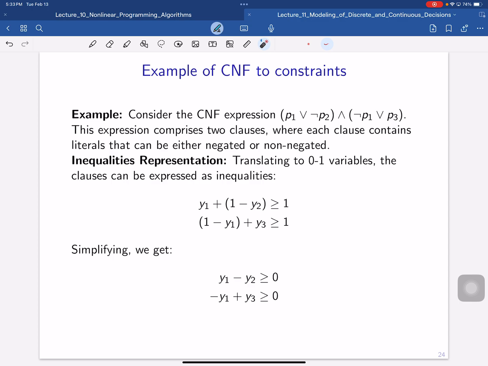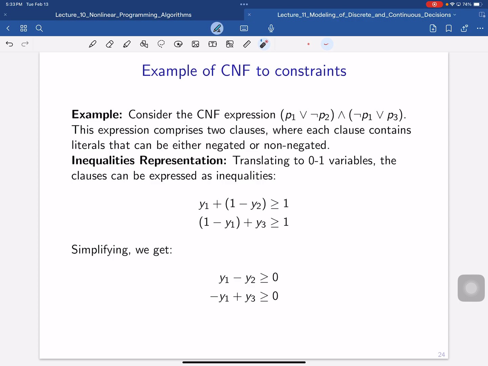So here we have two of those. Then this logic expression is saying that this OR expression is true, and this OR expression is also true. And the first one is equivalent to y1 plus 1 minus y2 greater than or equal to 1.